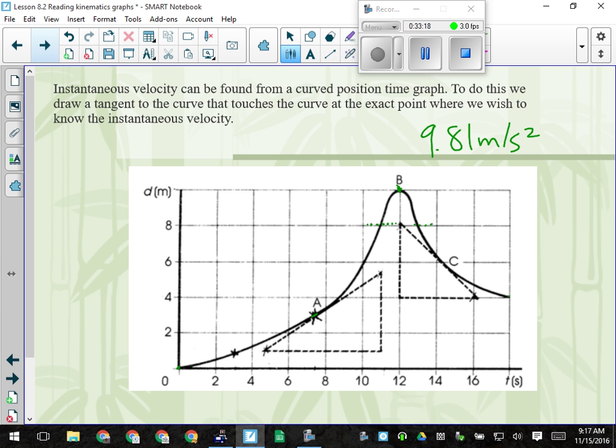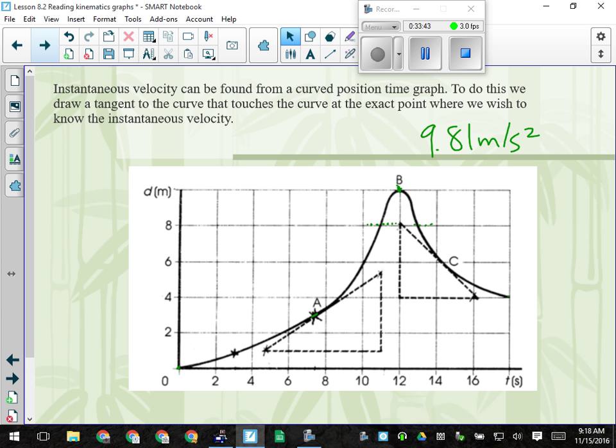So you draw a line that is tangent to the curve at A. Because if it's tangent to the curve at A, it's parallel to the little tiny line at A. If they're parallel, they have the same what? Slope.